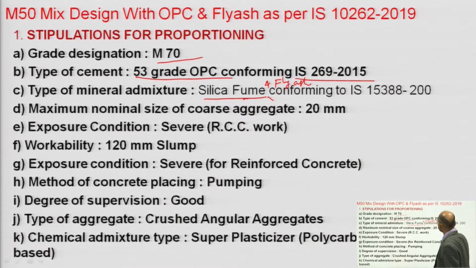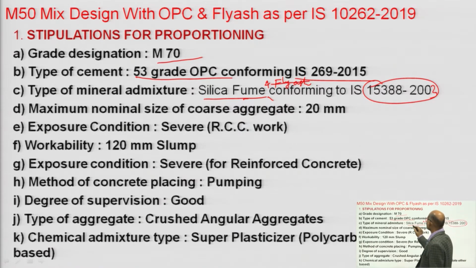Silica fume and fly ash conforming to IS requirements; this is the requirement of silica fume, and similarly we have to use another component, fly ash also. Maximum nominal size of the coarse aggregate is 20 mm.